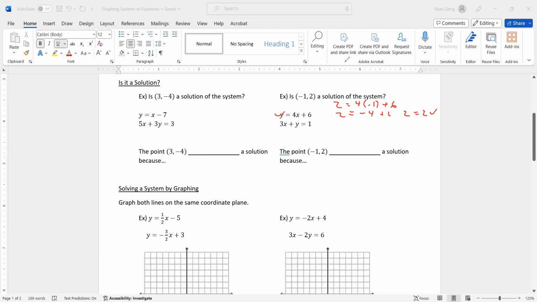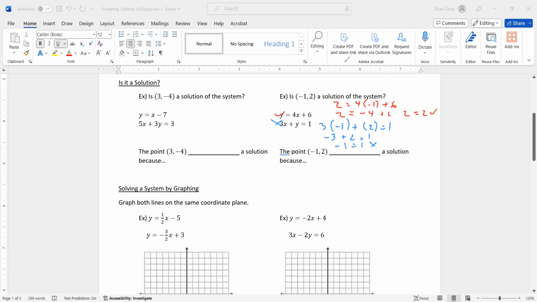Second one. 3x, x is -1, plus y, and y is 2, equals 1. So -3 plus 2 is -1. Does -1 equal 1? No, it does not.